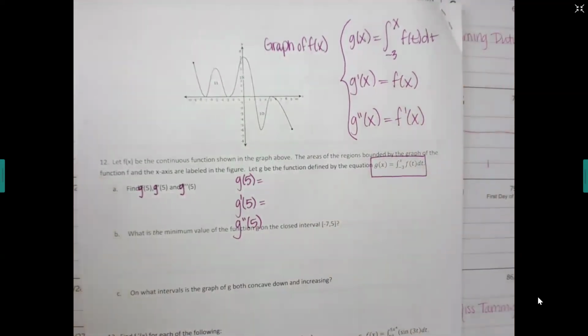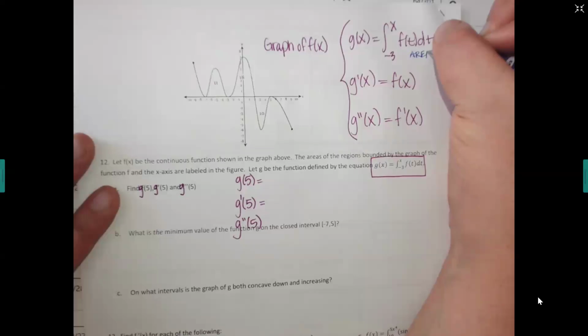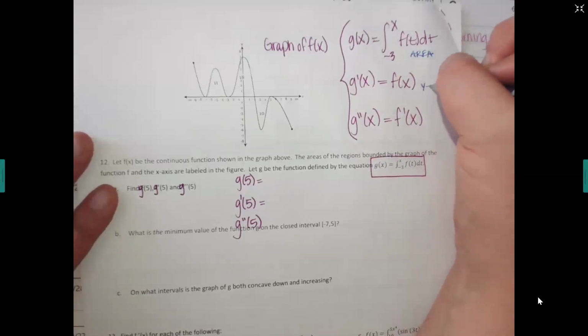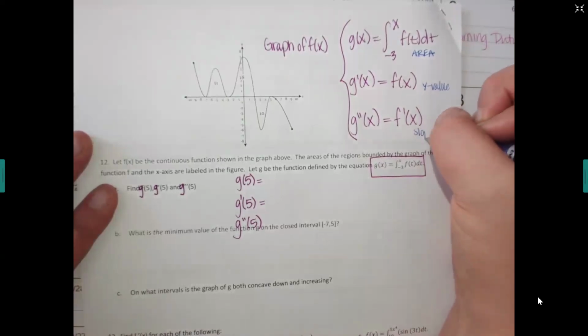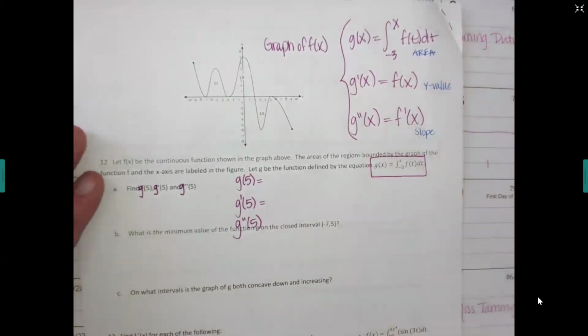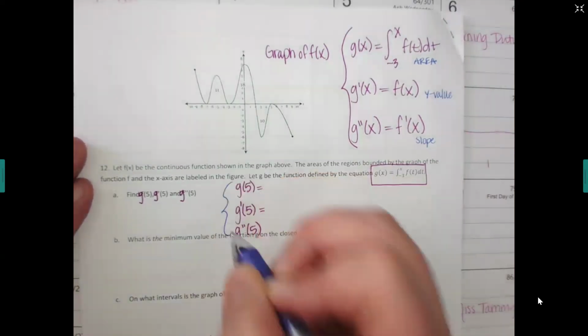Very good. And then if you don't remember what features those are, the integral is area. Regular f is the y value. And f prime is the slope. Okay. So go ahead and find these 3 now for part A.